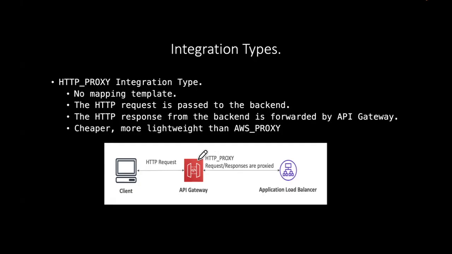Based on that validation, it either passes the validation, in which case it passes the request on to the actual backend Lambda function, or the validation fails. And if it fails, API gateway will send an error response back to the client, and it doesn't bother forwarding the request on to the Lambda.